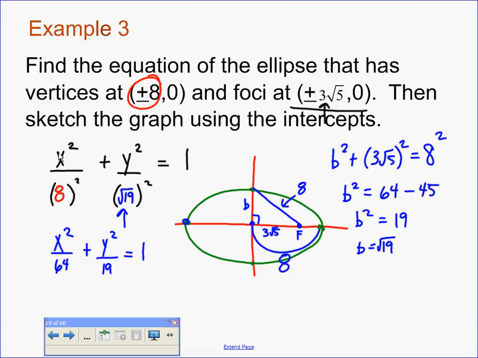And we also have here a sketch, and you can label these as negative 8, 0, 8, 0. And then our vertices on our y-axis are going to be 0, root 19, and this one is going to be 0, negative root 19.